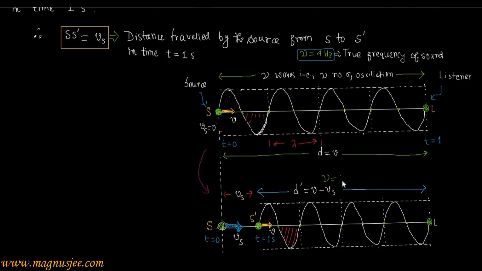Now, the actual frequency of sound wave emitted by the source of sound is nu, which is 4 Hz.